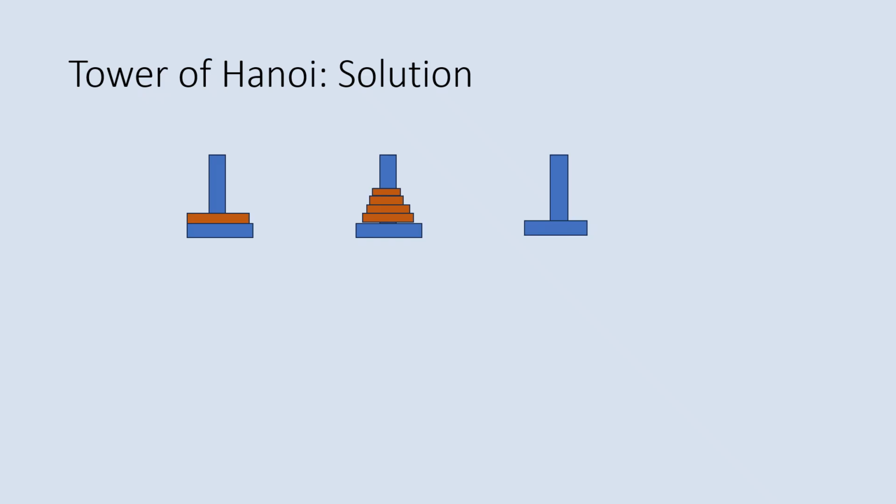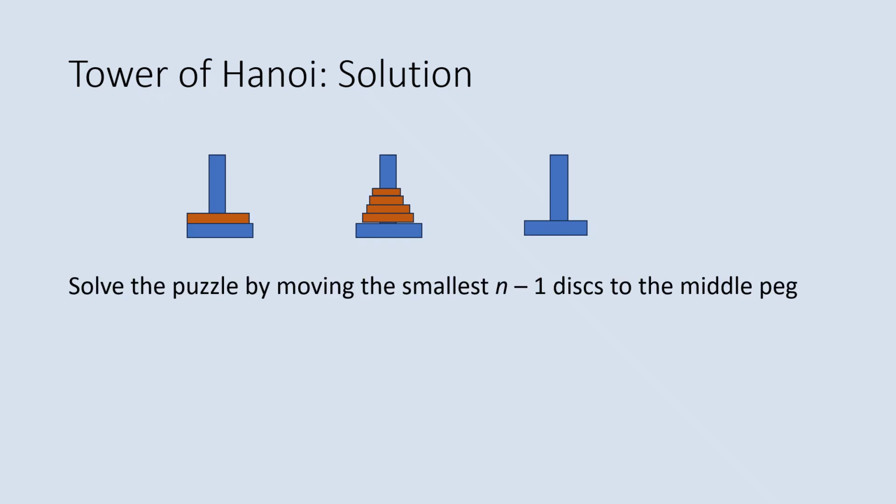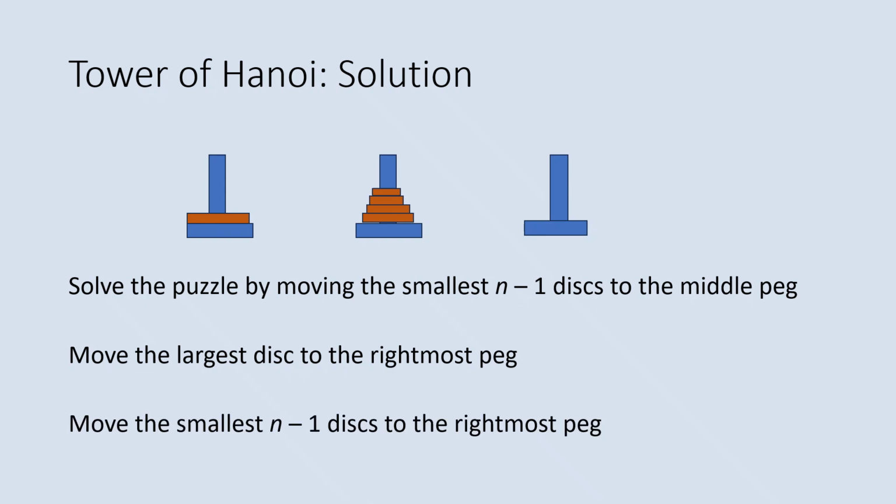Now, that takes a lot of moves, maybe, but we move the n-1 disks over to the middle peg, so we kind of pretend like that's the final peg, and then we move the biggest disk over to the rightmost peg, and then we go through the whole process of moving those n-1 from the middle to the right.